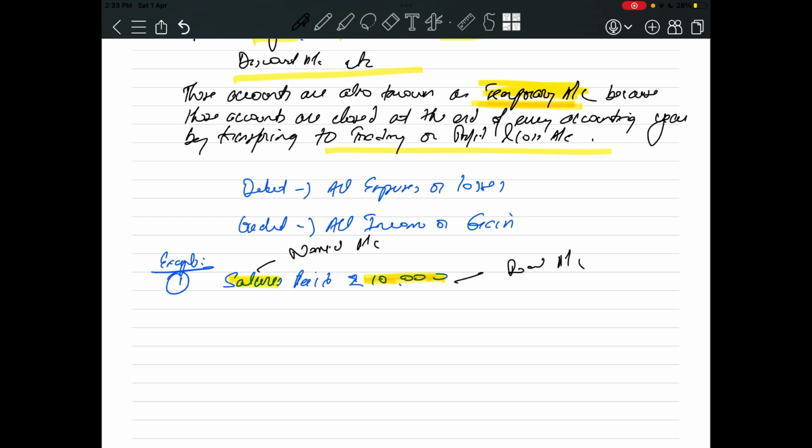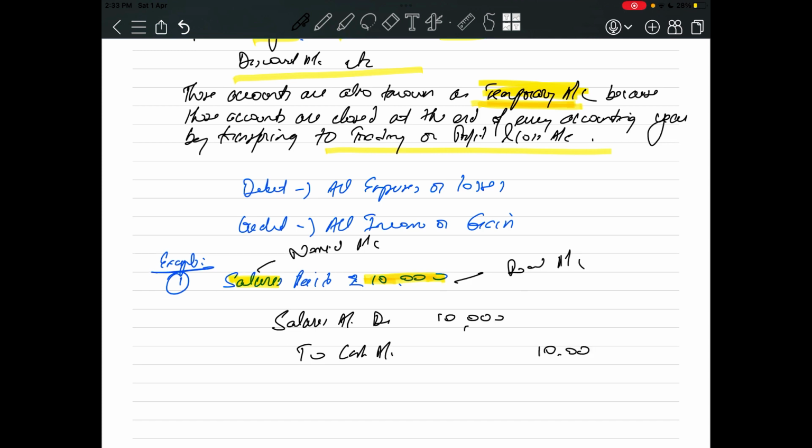Okay, so salary is an expense for us, right? We'll have to pay salaries, so this is basically an expense for us. This salary account is transferred to P&L account on the debit side, right? So what will be the journal entry? Journal entry will be salaries account debit. So we are paying the salary in cash, so cash is going out, debit what comes in, credit what goes out. To cash account 10,000.